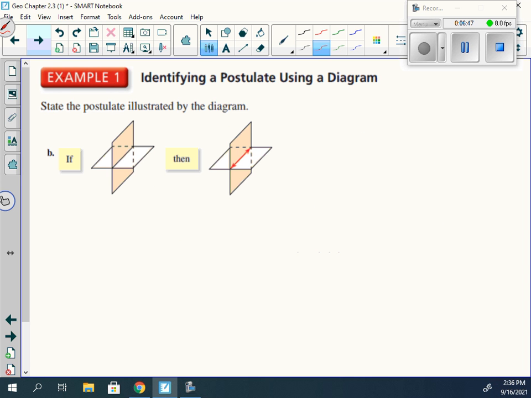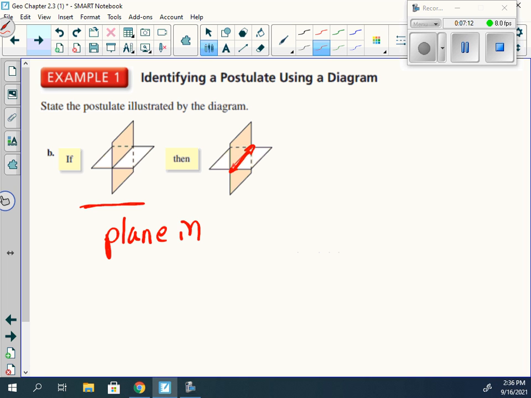If this picture, then this picture. So what's our first picture showing us? Two planes. Then it highlights this here. Then they intersect at A. So what's the postulate?